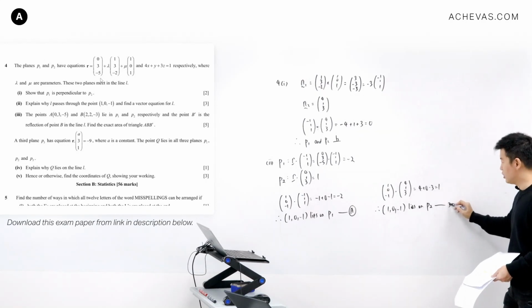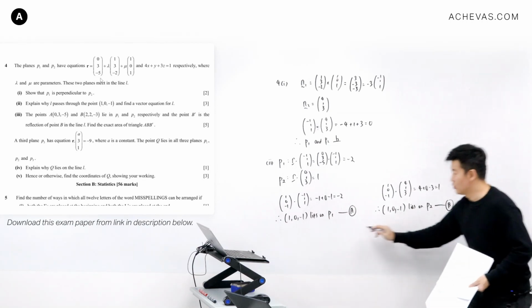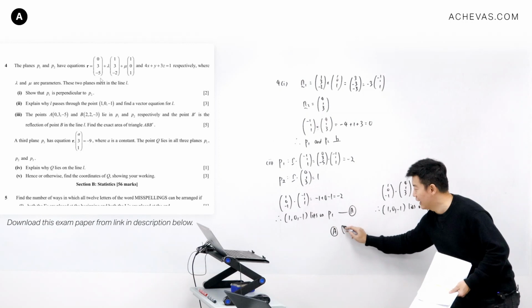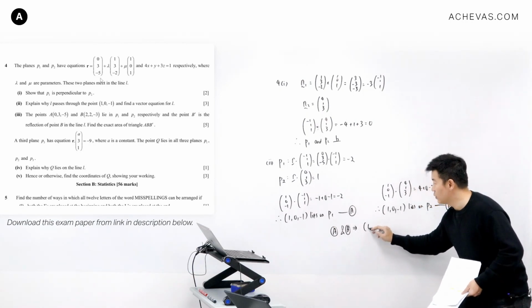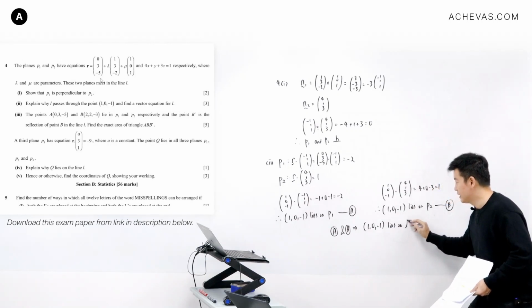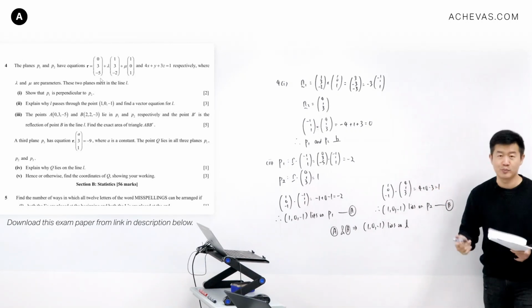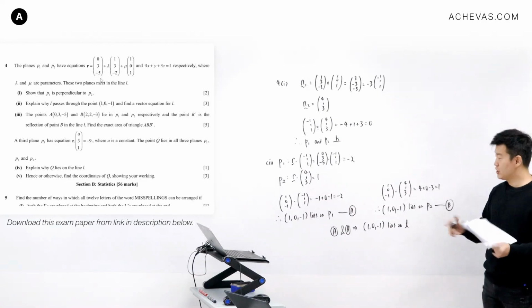And this, I'm going to call my statement B. So from A and B, this tells me that the point 1, 0, minus 1 lies on the line L, which is the intersection between the two planes P1 and P2. And we want to find the equation of this line L.